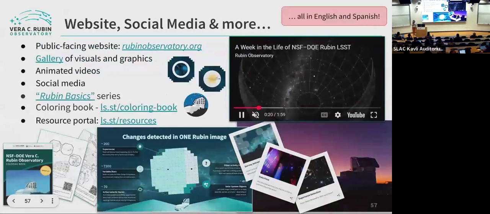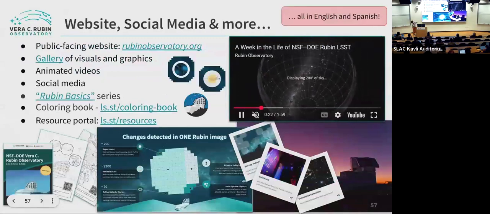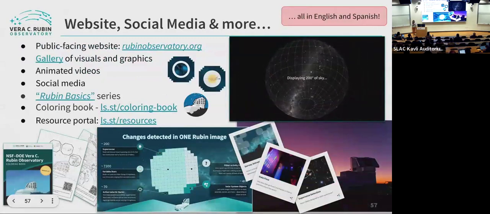So we do a lot of things. Here's a little bit of a summary of some of the resources we provide. We do a lot of things that are web-based. We look after the website. We make a lot of visuals and graphics, like the one that is actually playing. And we do social media.